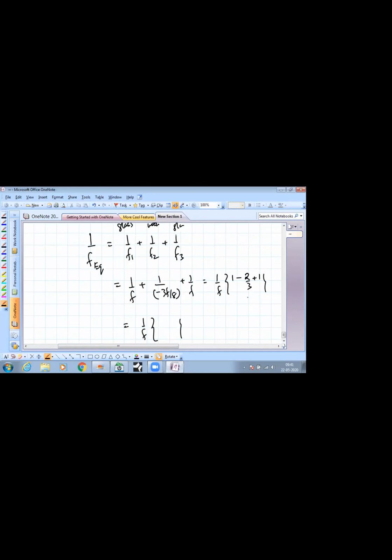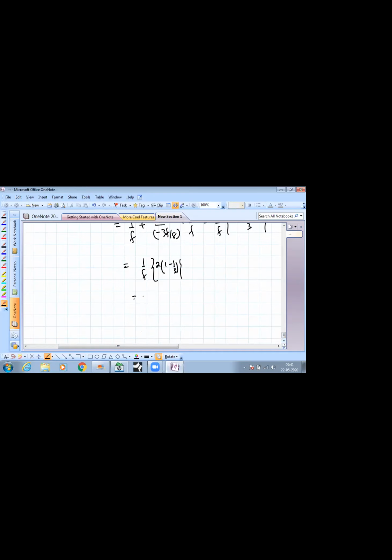So 2 minus 2 by 3 will give us 2, we can take common, 1 minus 1 by 3, 4 by 3. So 1 upon equivalent focal length.